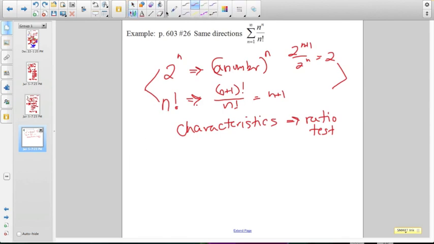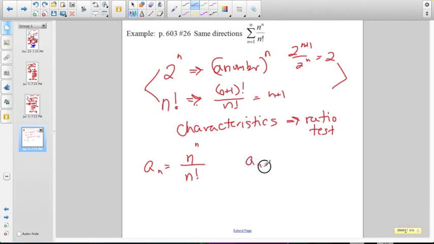So I think this one I'm going to be able to write in reciprocal form right away. So let's just kind of set this up. The a sub n term looks like n to the n power over n factorial.